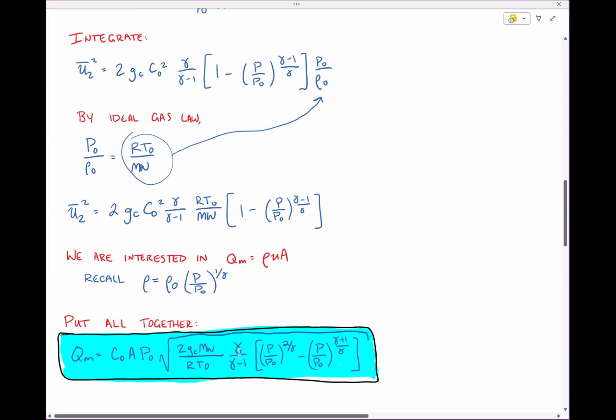Gamma, remember, is a number between 1 and about 1.7, which is probably the biggest one I see on the table, times the quantity of P over P naught to the power of 2 over gamma minus P over P naught to the power of gamma plus 1 over gamma.